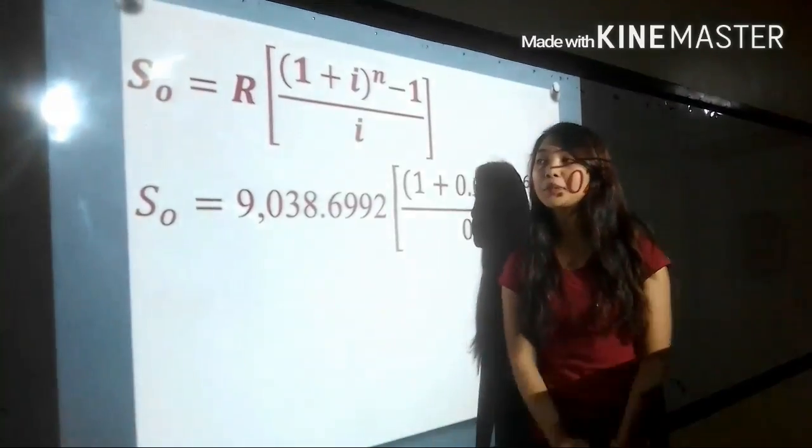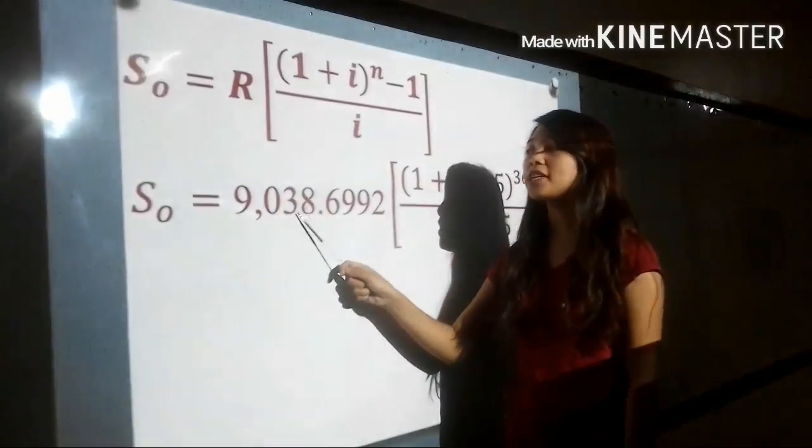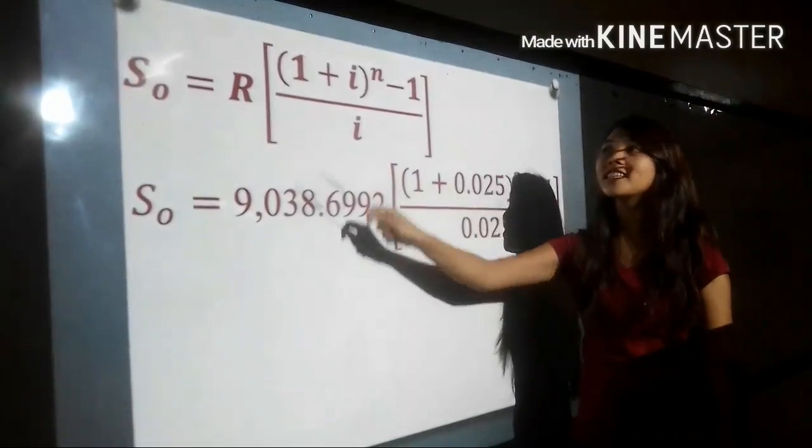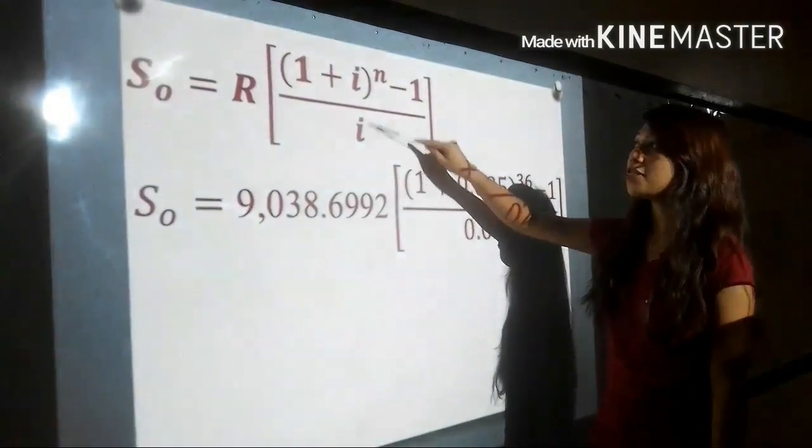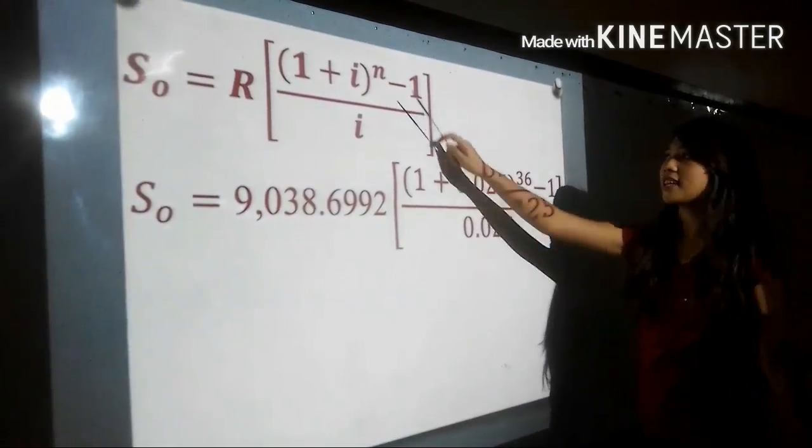Now let's do the substitution. 9,038.6992 is the R, 0.025 is the interest, then 36 is the n.